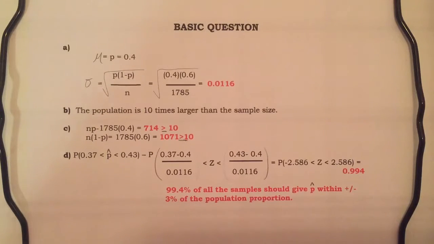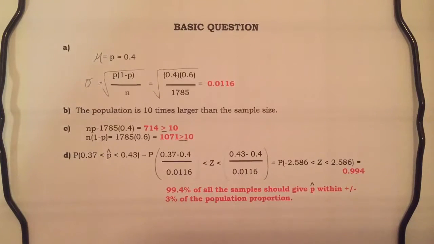For part A, we found that mu is 0.4 and the standard deviation equals the square root of P times 1 minus P divided by n. Plugging all the numbers in, we got 0.4 times 0.6 divided by 1,785 to get 0.0116.